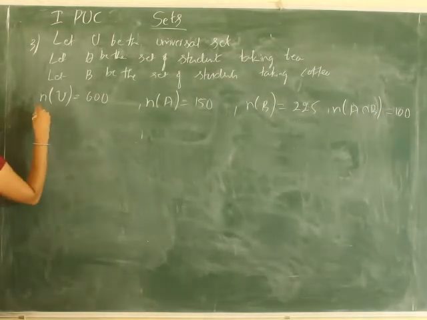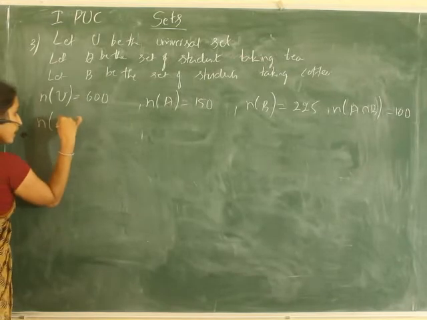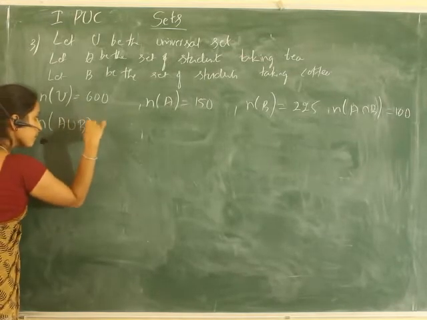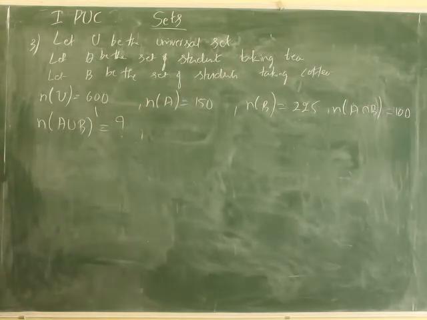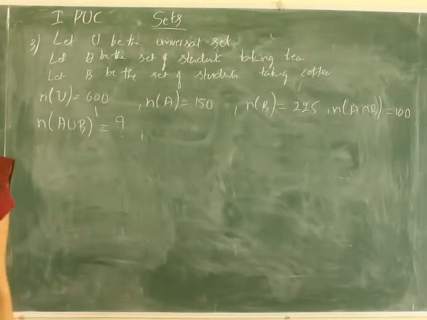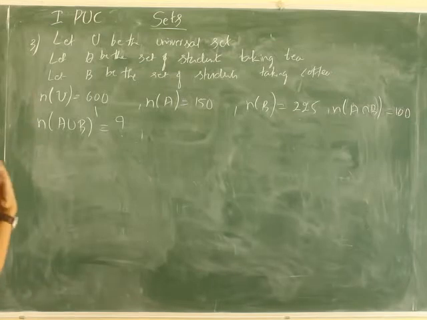Again, we have to calculate the value of n of (A union B) complement. This problem as well as the previous problem is very important for 3 marks. In the exam, either they will ask this problem or the previous one: the apple juice, orange juice problem, or the tea, coffee problem.